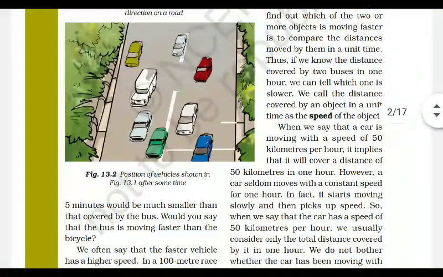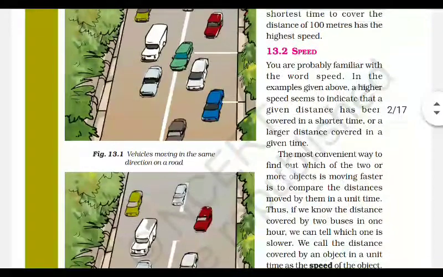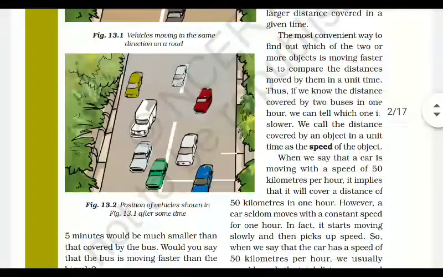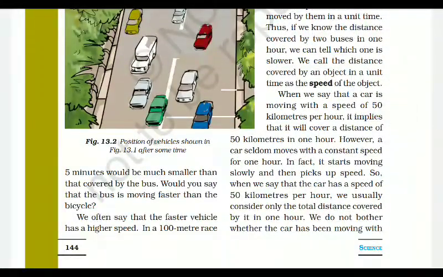So if you look carefully, you see the displacement or the movement of the green car makes it faster than the other.